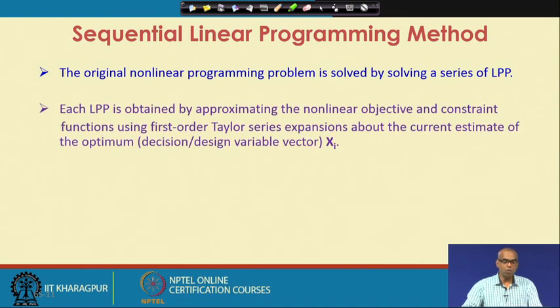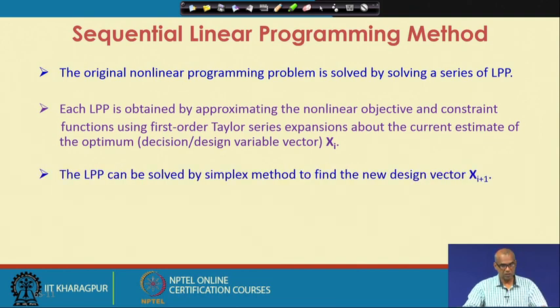Each linear programming problem is obtained by approximating the nonlinear objective and constraint functions using first order Taylor series expansion about the current estimate of the optimum. That means, about the current estimate of the decision variable or design variable vector. The linear programming problem can be solved by say simplex method to find the new decision variable vector.